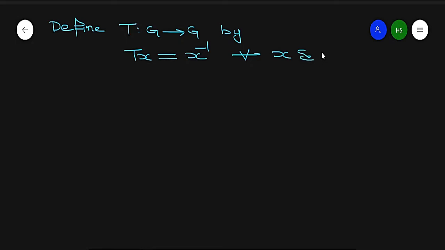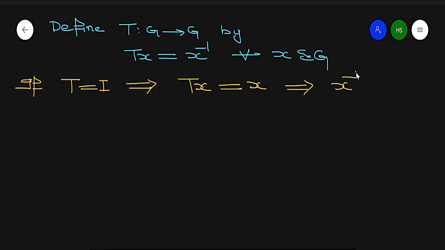Now define a second map, define T from G to G by T of x equal to x inverse for every x belonging to G. Now this T is not identity, because suppose this T is the identity operator, then T of x is equal to x, and it implies x inverse is equal to x, and it implies x squared is equal to identity.